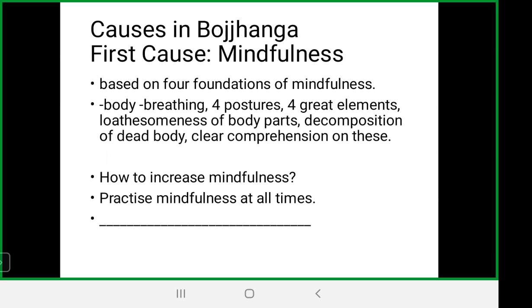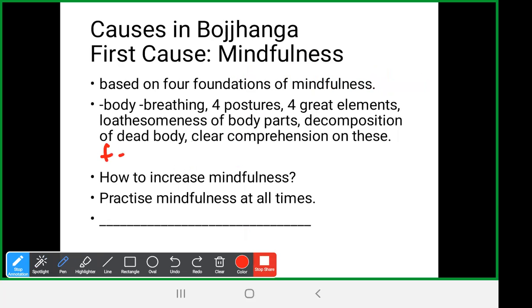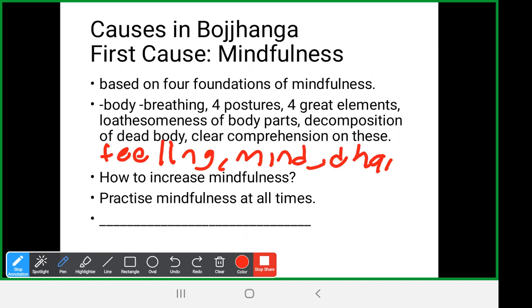This means that it's one of the objects if you want to focus on the body. But of course, you can focus on other things, for example the feeling, your mind, and the Dhamma. Dhamma means anything. So you can focus on this.